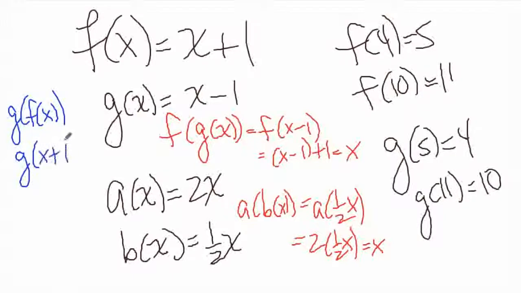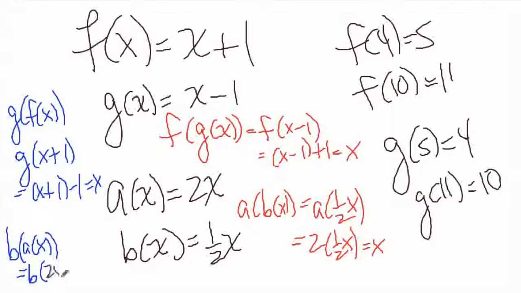G of x plus 1, which is x plus 1 minus 1. And then let's try b of a of x. That's b of 2x, so we're going to half of 2x. So it works in any direction. Either direction you get x. So that's the definition of an inverse.